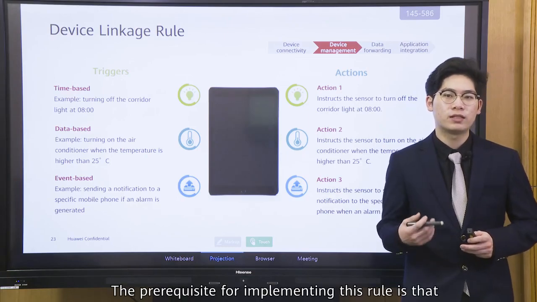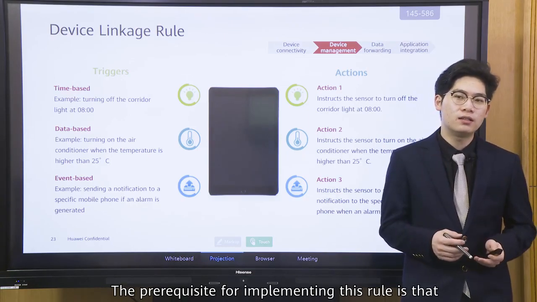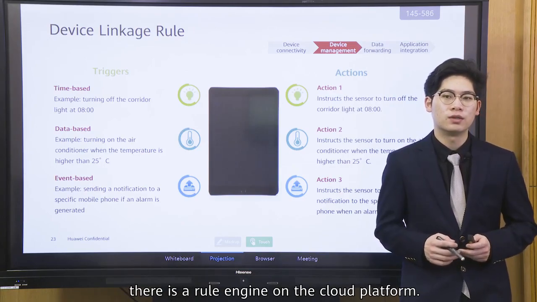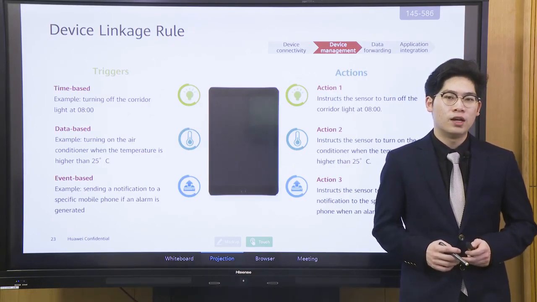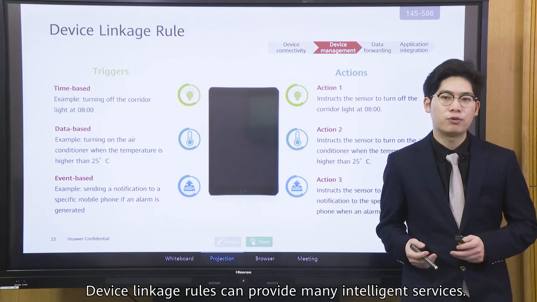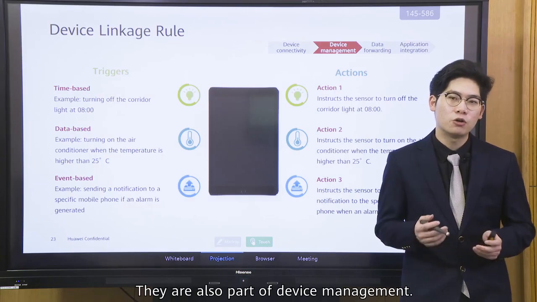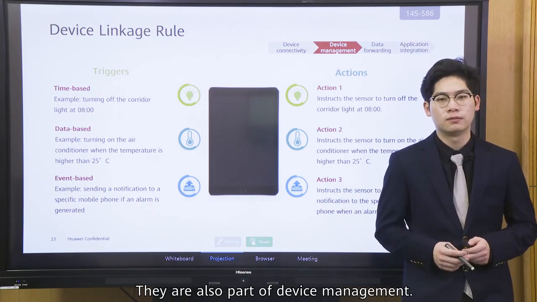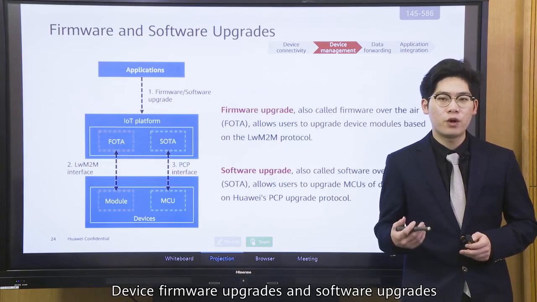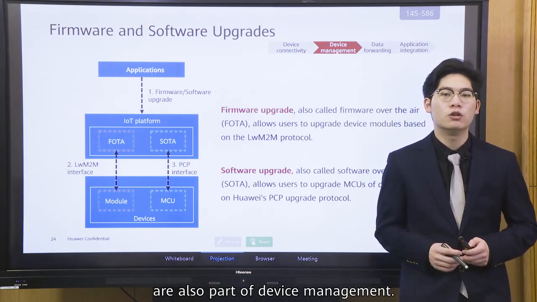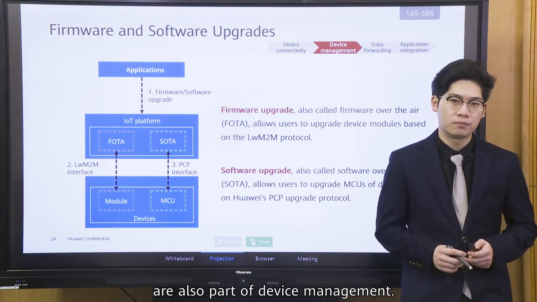The prerequisite for implementing this rule is that there is a rule engine on the cloud platform. Device linkage rules can provide many intelligent services. They are also part of device management. Device firmware upgrades and software upgrades are also part of device management.